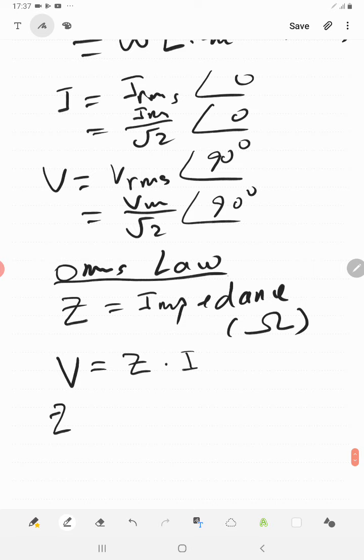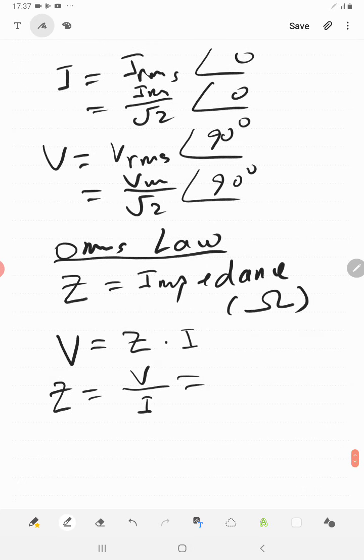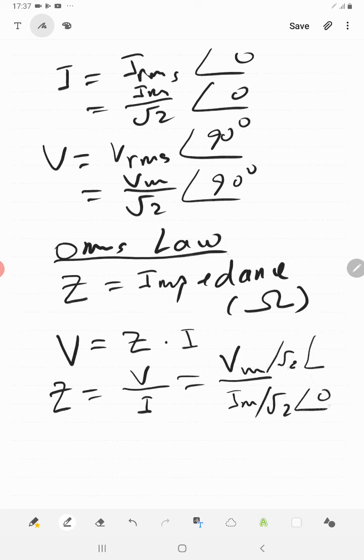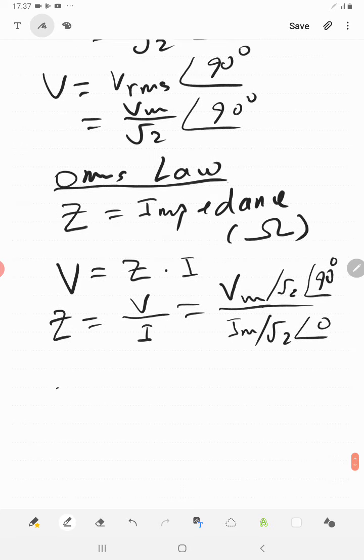So Z is equal to what? V over I. So in this case, it is V maximum over I maximum over root 2 angle 0, angle 90 degrees. So it will be V maximum over I maximum, and the angle is 90 degrees, right?